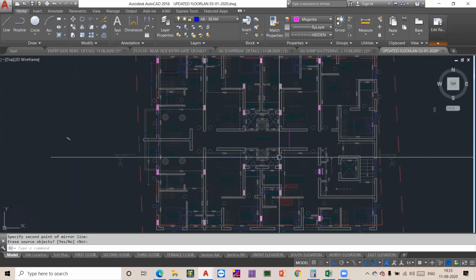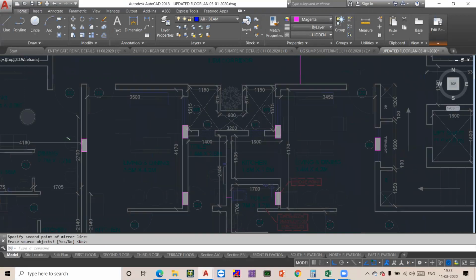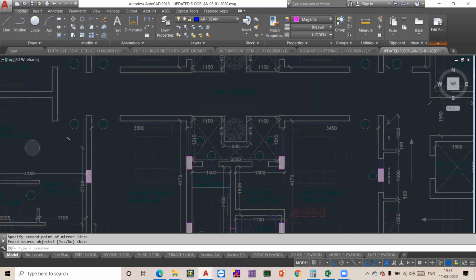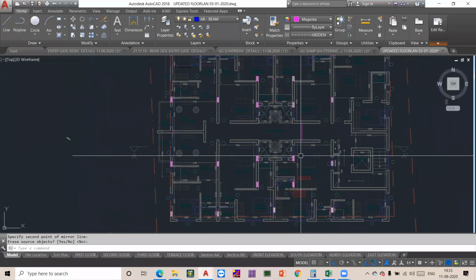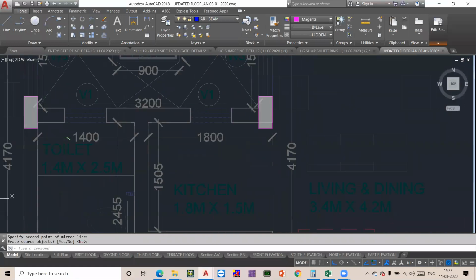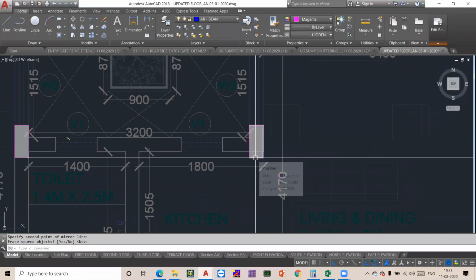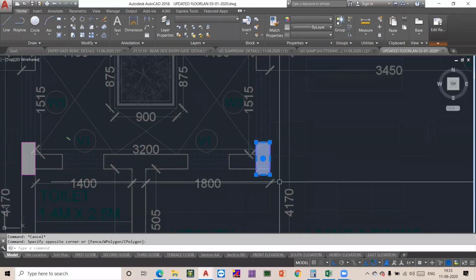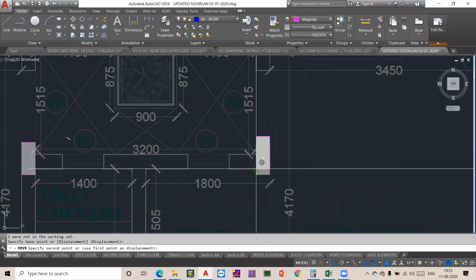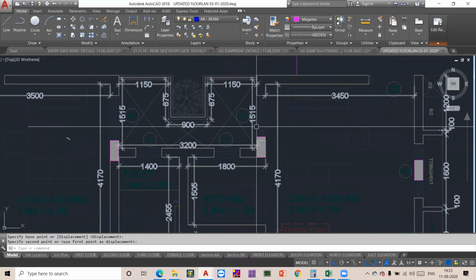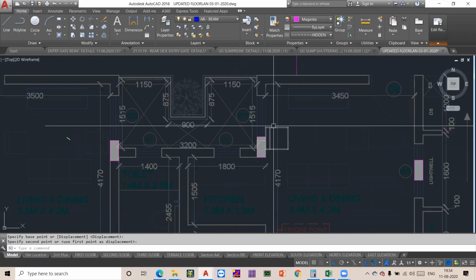Okay, so far we have located almost all of our columns, but we have an issue here. See here, there is no wall continuation, and if I have to move it further upwards, I have two options. One is I can move the column further upwards, which will obstruct the ventilation here.